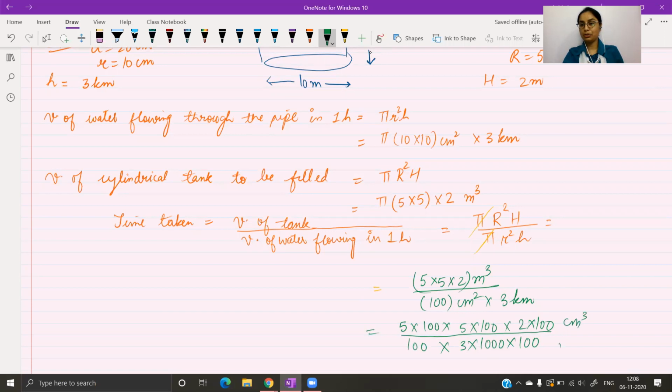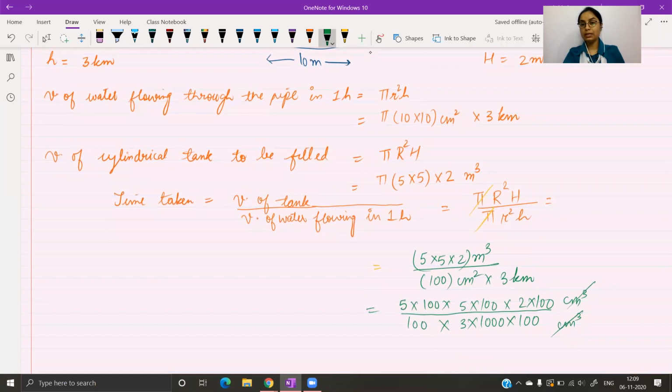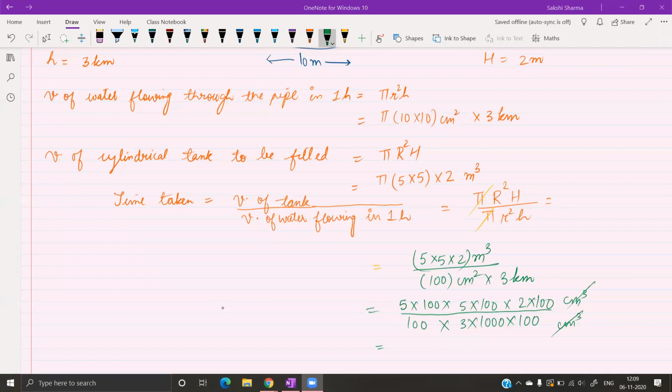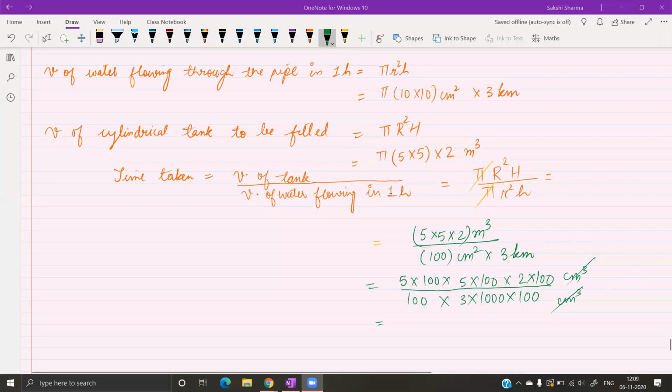So now it's centimeter cube and centimeter cube. The time will be in hours. Simplify. So you're left with 5 by 3 hours.